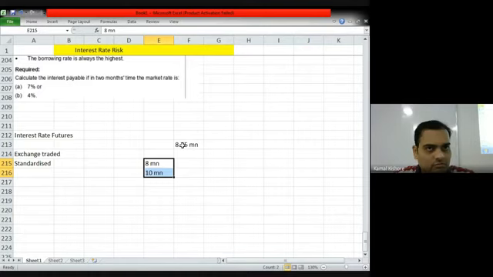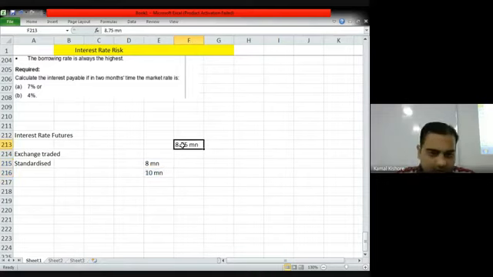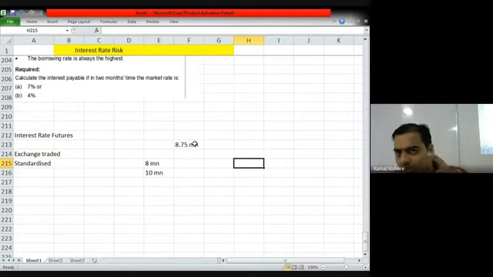Just giving an example. Like this, the notional buckets could be different. The contracts could be different. My exposure is 8.75 million. You cannot get futures for 8.75 million. You may get it for 8 million or 10 million. So that is one factor to be understood. Second, this 8.75 million, let's say, matures in 50 days.